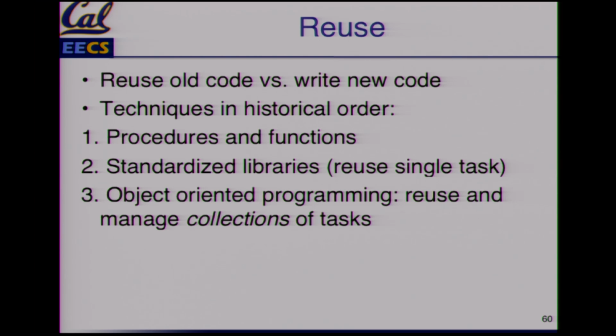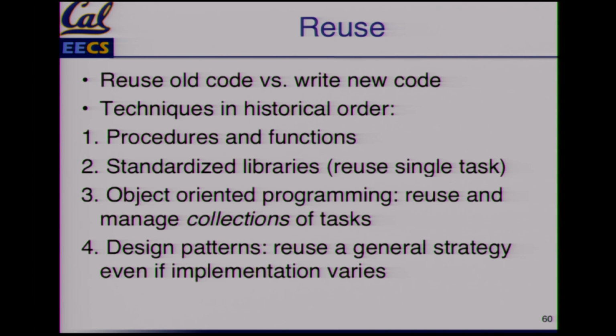The next step in reuse was object-oriented programming, to reuse and manage a collection of tasks so that you can get better reuse of the code. And more recently there are design patterns, which I mentioned earlier, a general strategy to reuse even if the implementation varies. This was actually borrowed from civil architecture, which is where design patterns come from, and we'll talk about that in the class.